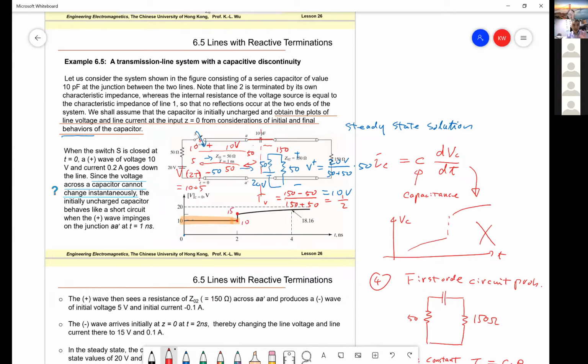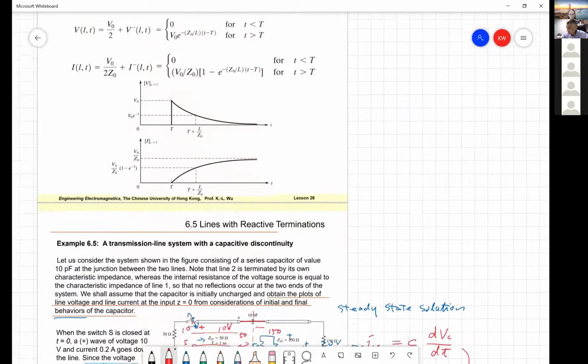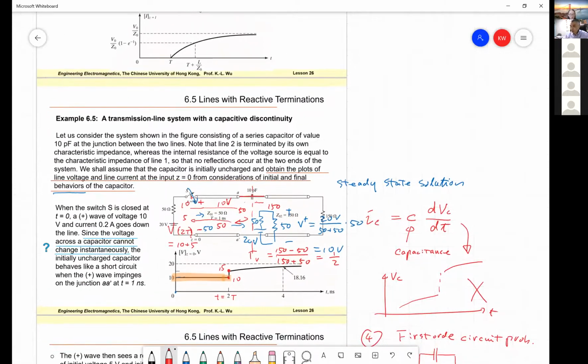So this is our initial time, 2T. We treat this as our initial condition. We remove the first clause, and use the initial time and the final behavior to determine the voltage at the source side.